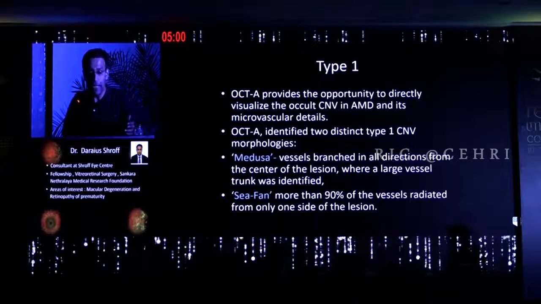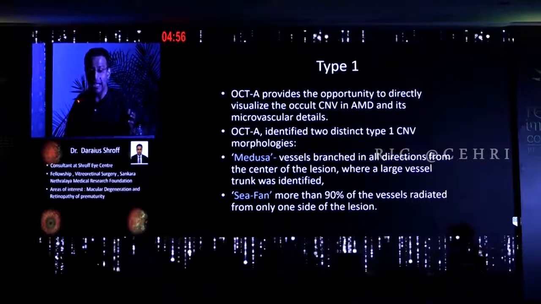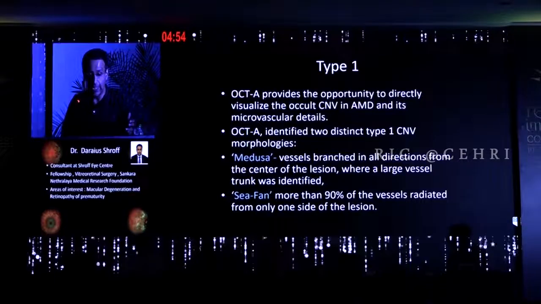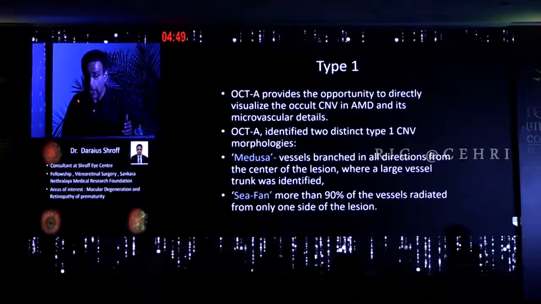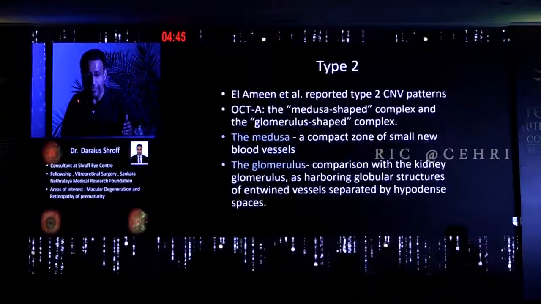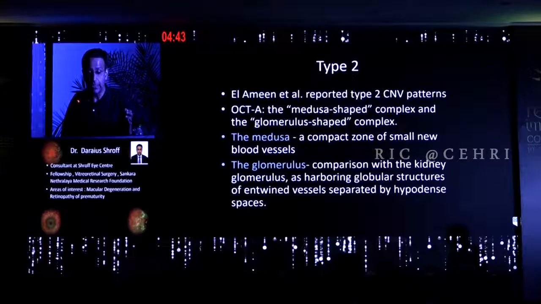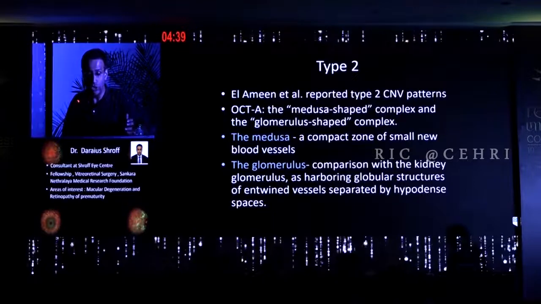So in type 1 CNVM, of course, like I mentioned, you can see the occult CNV in microvascular detail, and Medusa Head, of course, or the C-fan are the common patterns seen. So these are some of the cases where you can see the type 1 CNVM. And the type 2, if we move on to, also has this Medusa Head or the glomerular shape, which is common.